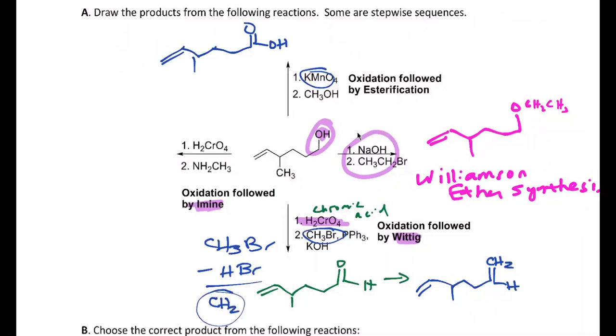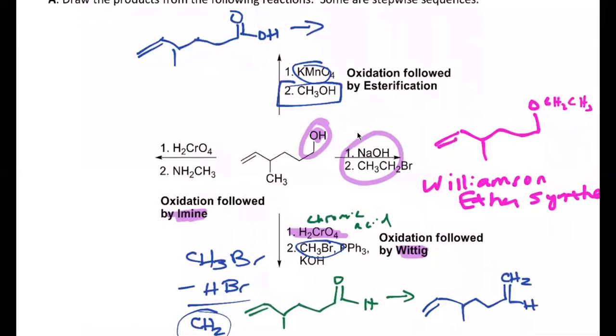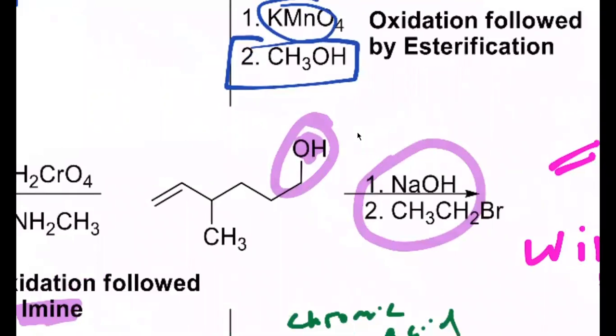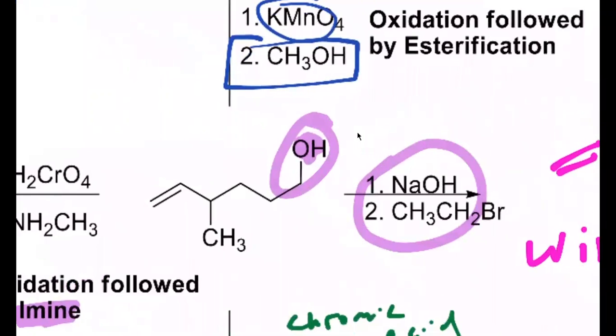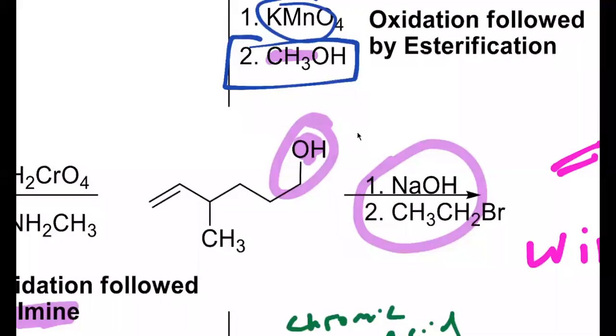What about the second step? What should the final product be here? If I take a carboxylic acid and react it with an alcohol, would that alcohol be replaced with the CH3? You're close. When I add an alcohol to a carboxylic acid, the actual part of the alcohol that gets added is the OCH3, so the alkoxy part.